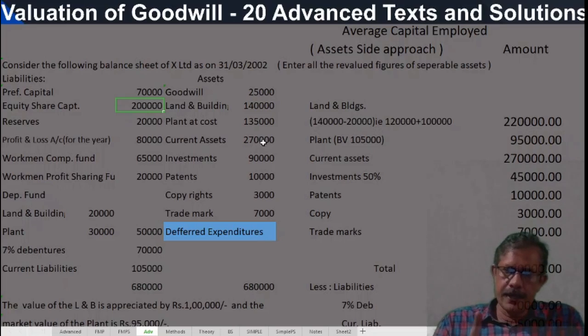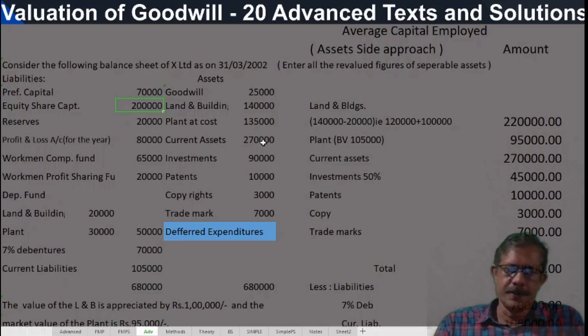And if a one-year balance sheet is given, then we have to calculate the profit for the year. One assumption is given there: the profit has been earned evenly throughout the year. If it is evenly earned, we have to calculate the weighted average.